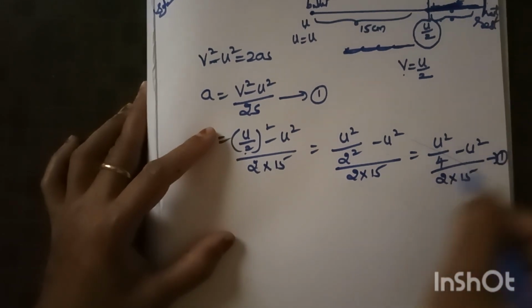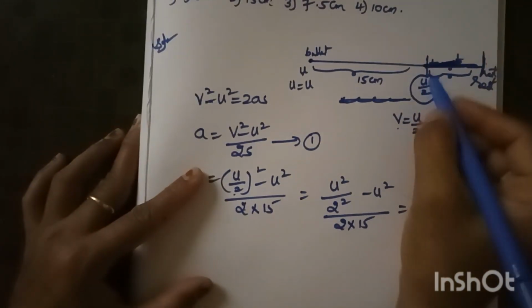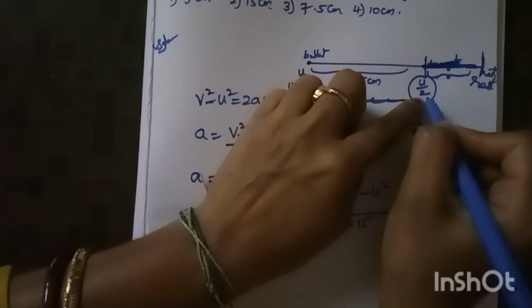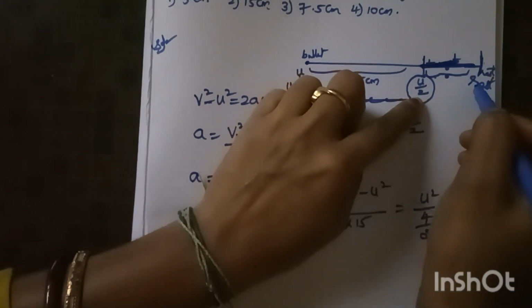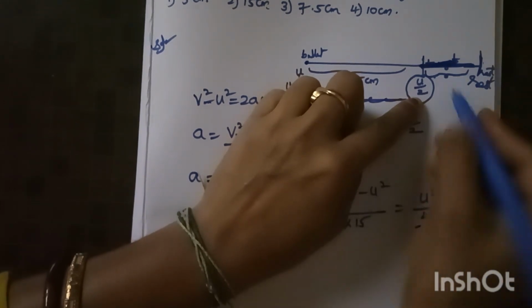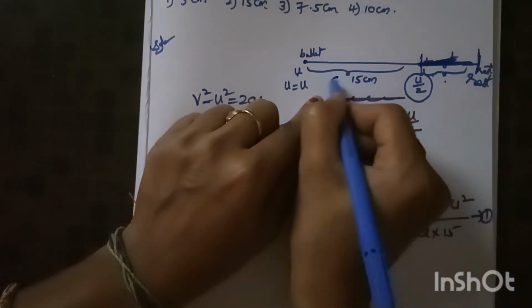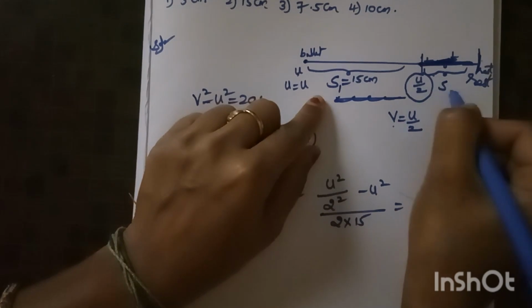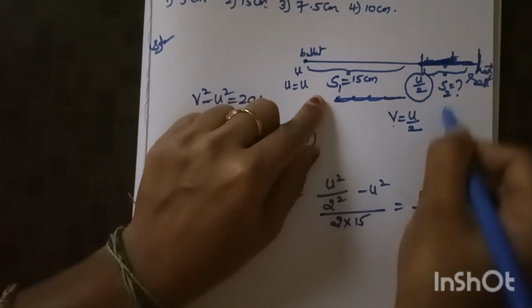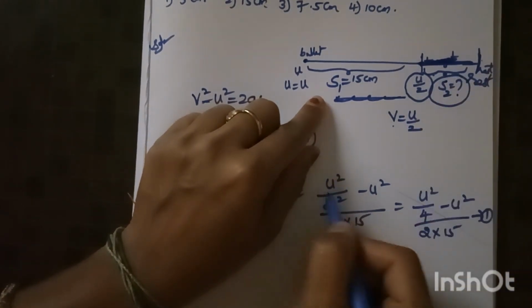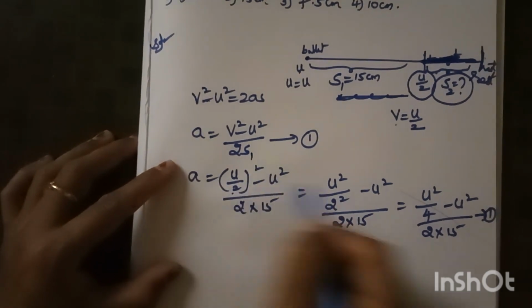Subject this as equation 1. Now using this half of the velocity, how much length it travels to come to rest. If we consider the first distance as s1, we are considering this as s2. So now we have to find this s2 value. This is the s1 value here.